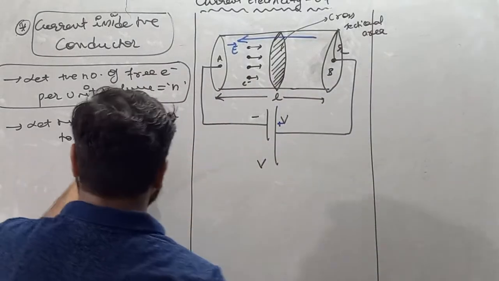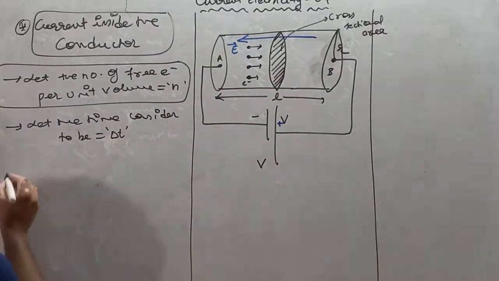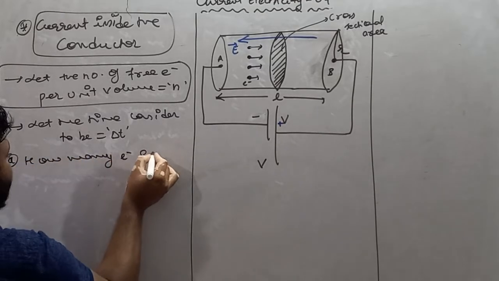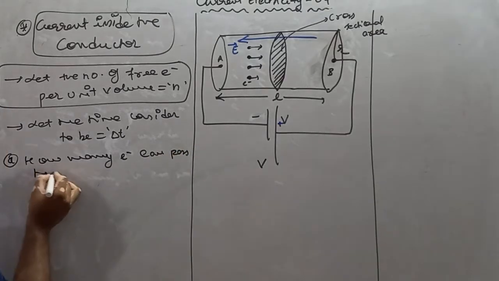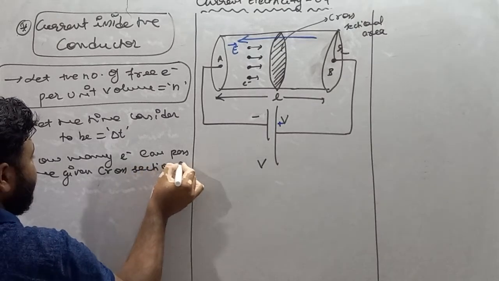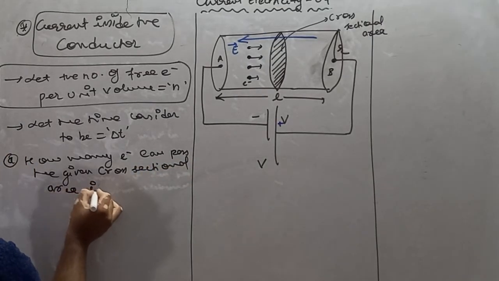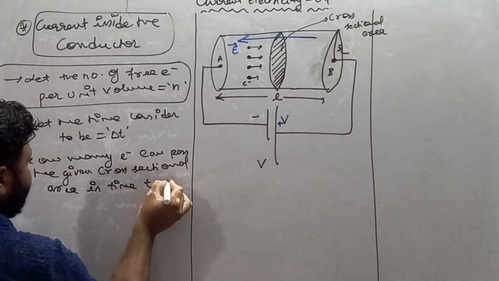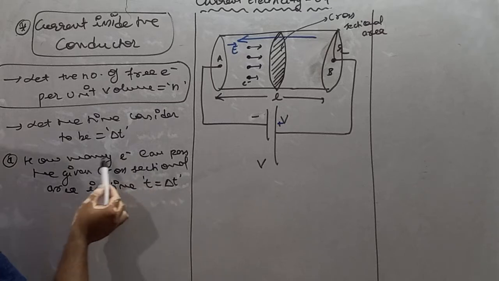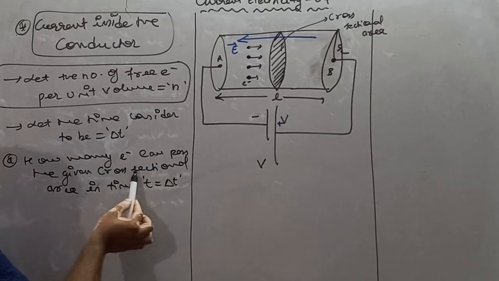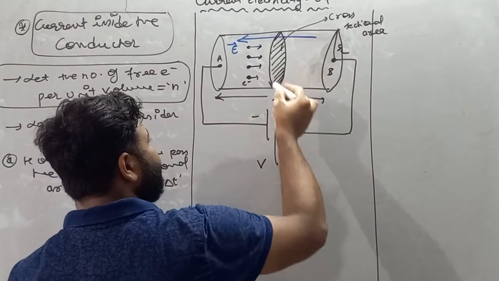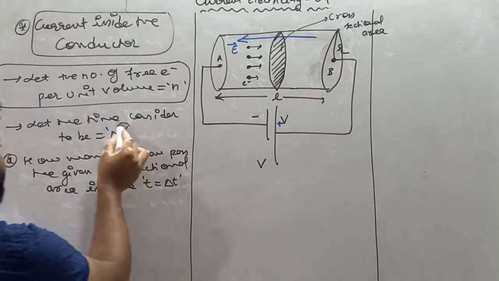Now see, I'm considering delta t time, and I am asking how many electrons can pass the given cross sectional area in time t equals delta t. This is the considered cross section and the time is delta t.